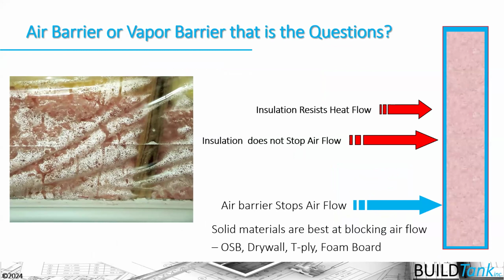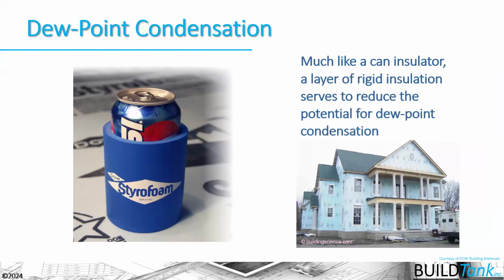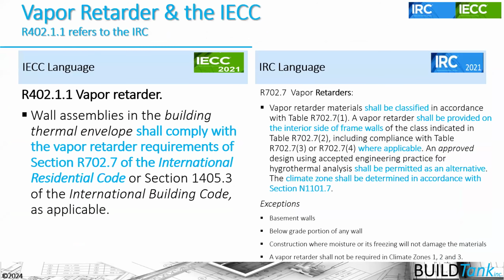So this is the primary reason why we're seeing the code starting to move insulation outbound to the exterior, because just like putting a foam koozie on our cold can of soda here, if I warm the exterior surface, I'm going to get less condensation, less repeated wetting of the assemblies there, and I can ensure that I'm not going to build an assembly that has a vapor retarder on the inside that doesn't allow moisture to dry to the inside of our assemblies.